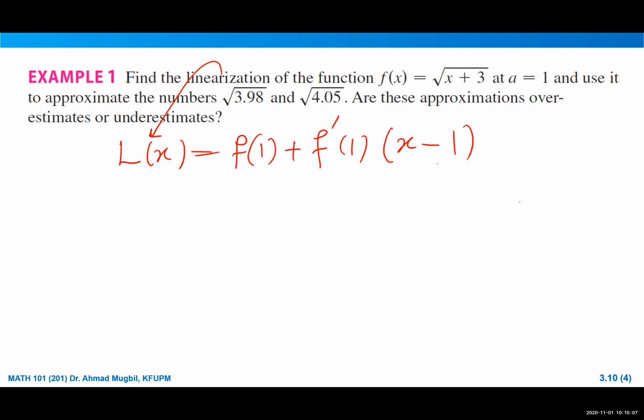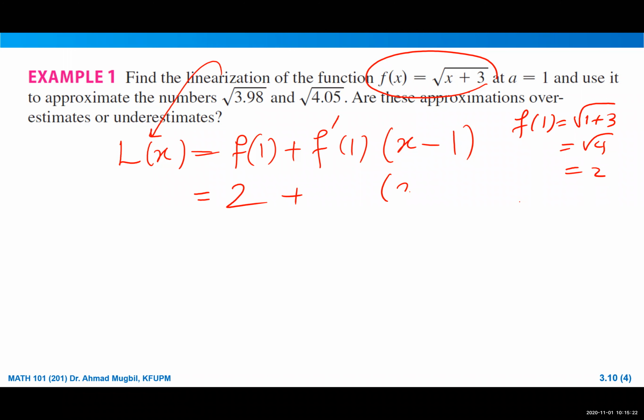What is f at 1? F at 1 is the square root of 1 plus 3, which is the square root of 4, so it is 2. So we have 2 plus f prime at 1 times x minus 1. What is f prime at 1? We need to find f prime in general first. The derivative is 1 over 2 square root of x plus 3.